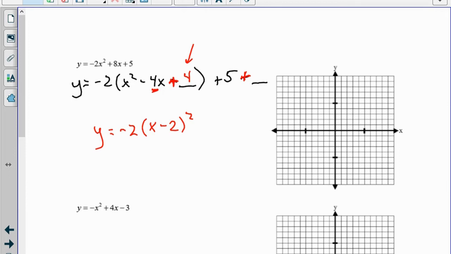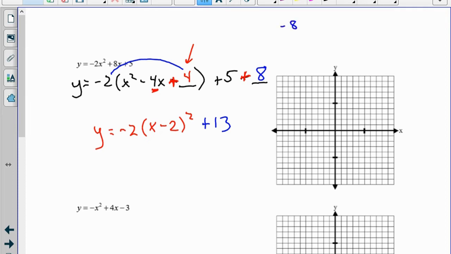But what I have to notice is what I really did was I added -8, or I subtracted 8 into this equation because I'm multiplying by that -2. So since I subtracted 8, I have to add 8, which means that my vertex is actually at 2 comma 13. We should be able to confirm this by doing -b over 2a.